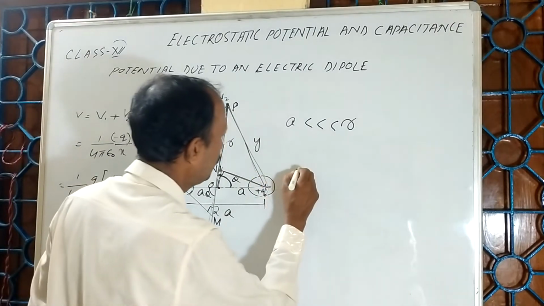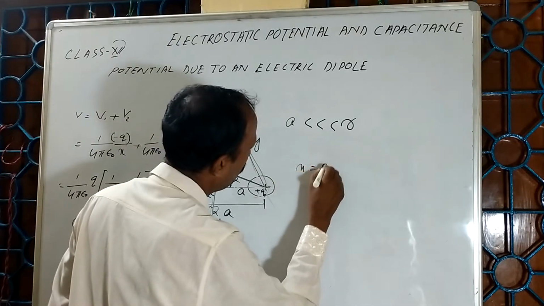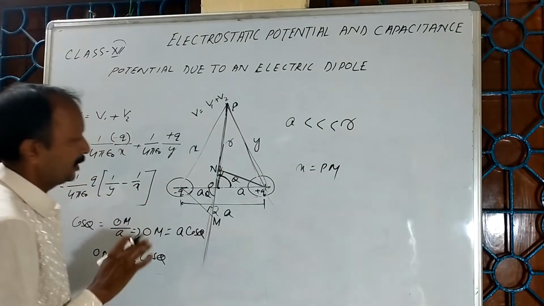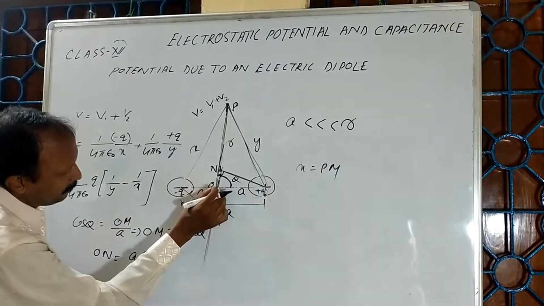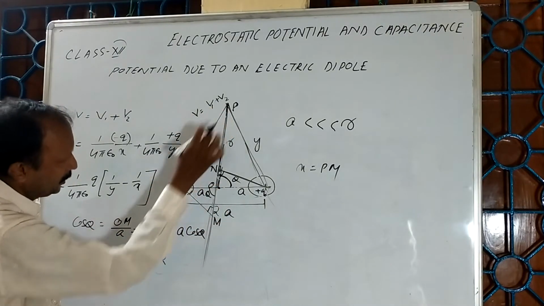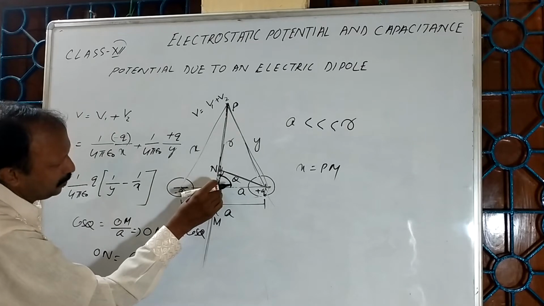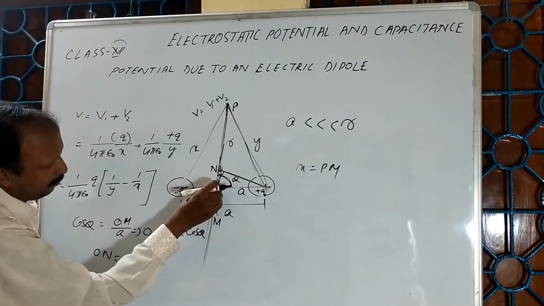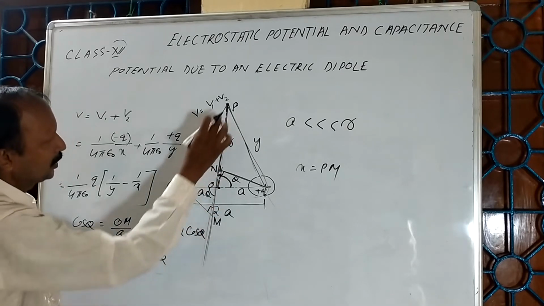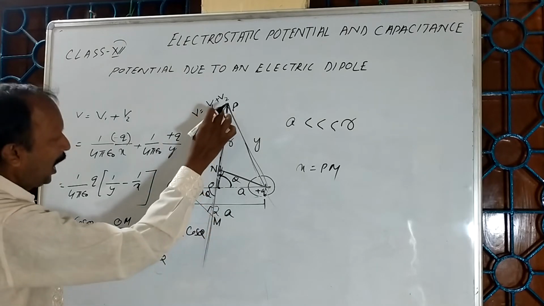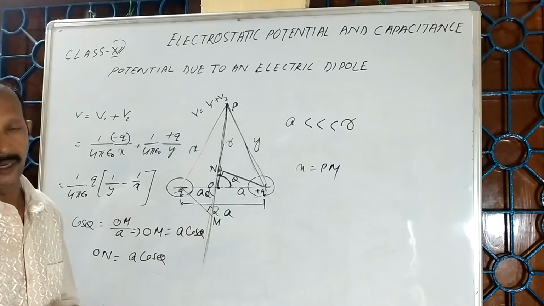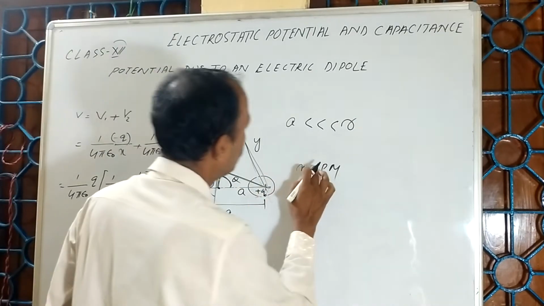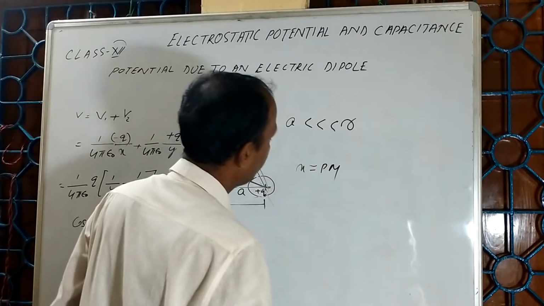That means x is almost equal to PM. Why? Because this A is very small, so this point will come near to here, and if I draw the perpendicular, PM and this x will almost be equal.